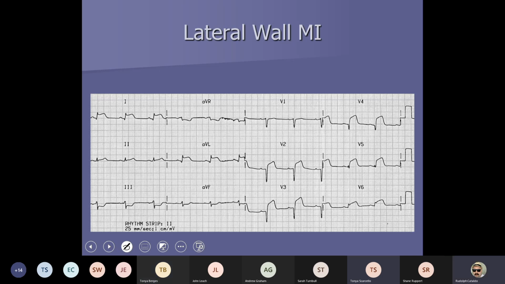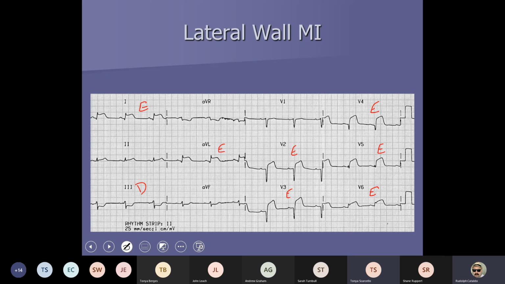Okay, so I'm going to put an E where you said you see elevation. 1, AVL, you said V6. All right, who else sees elevation somewhere else? I'm sorry, also V5. And V2, and V3, and V4. And then depression in 3.